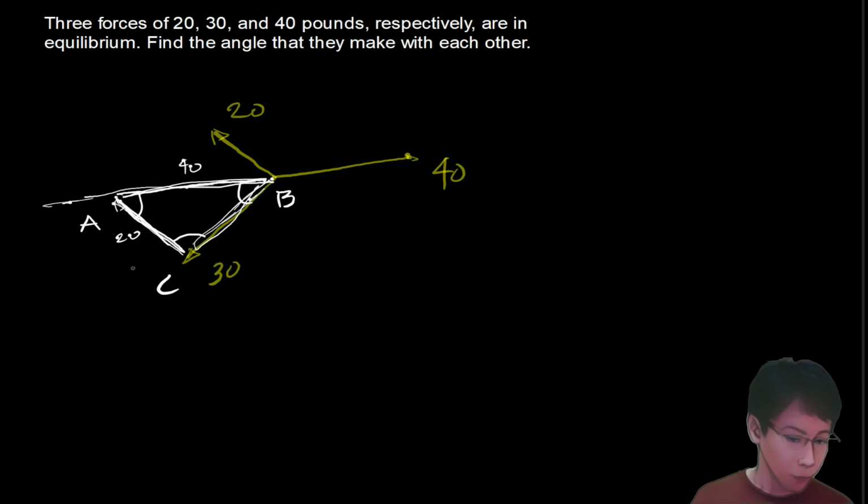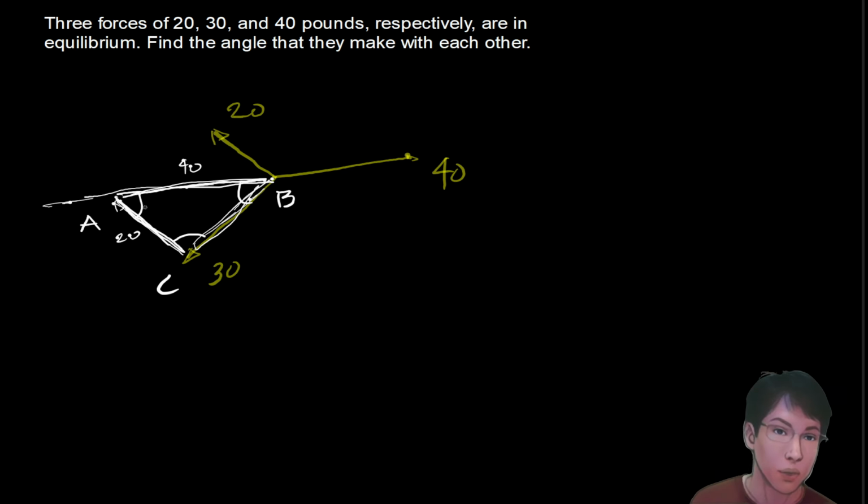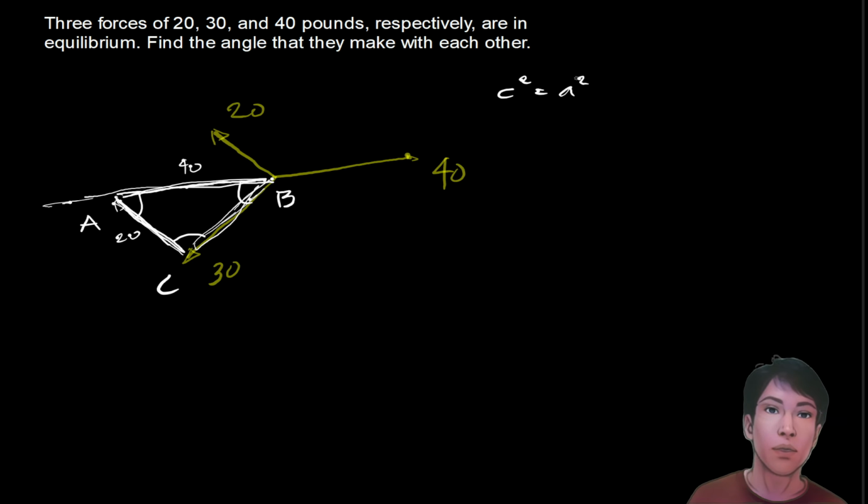In this case, we'll simply use cosine law. Again, cosine law is c squared equals a squared plus b squared minus 2ab cosine C.